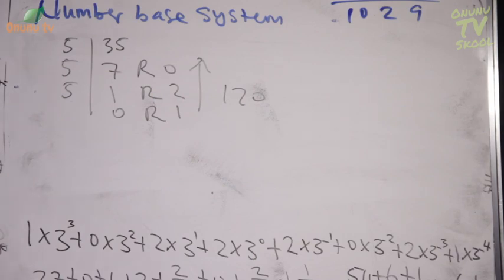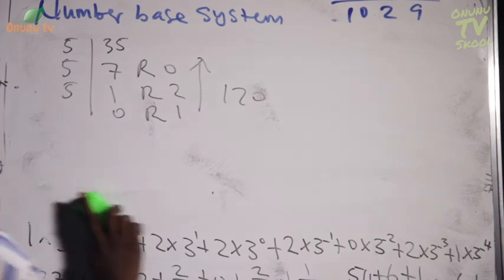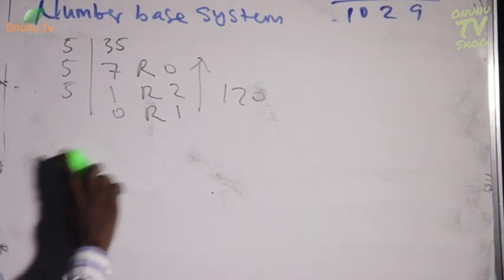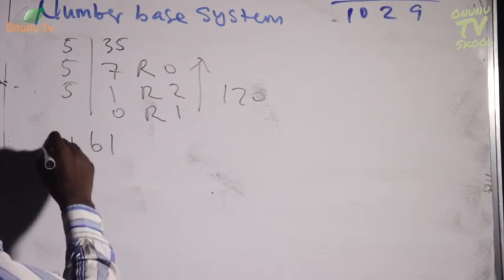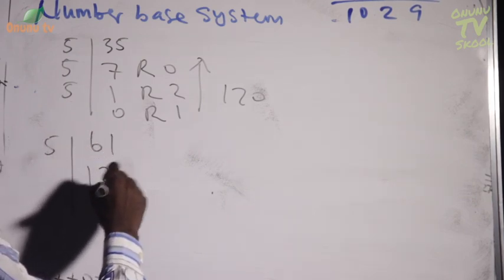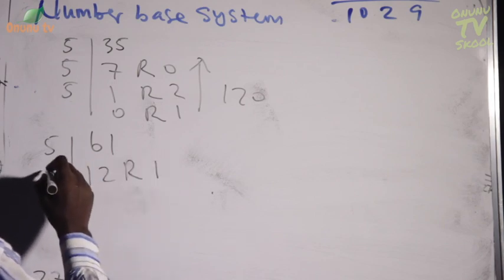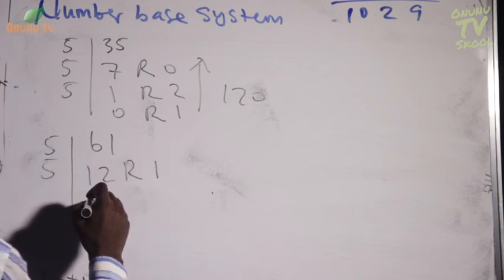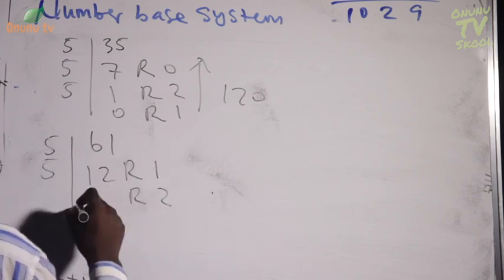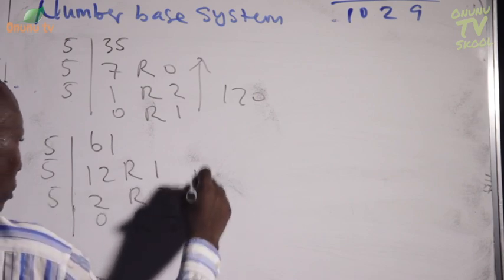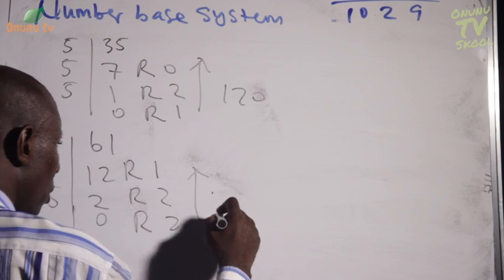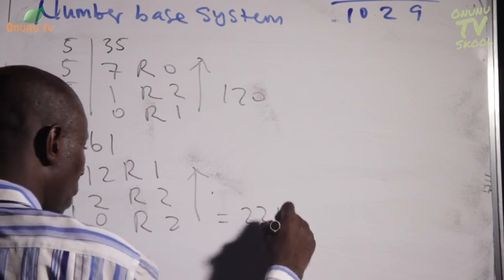Base 5. Now we come to the fraction. We convert 61 to base 5. Now we have 61. 5 here is 12, remainder 1. 5 here is 2, remainder 2. 5 here is 0, remainder 2. This equals 2, 2, 1.